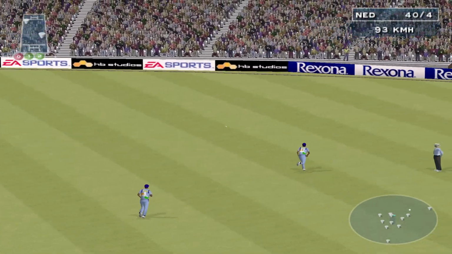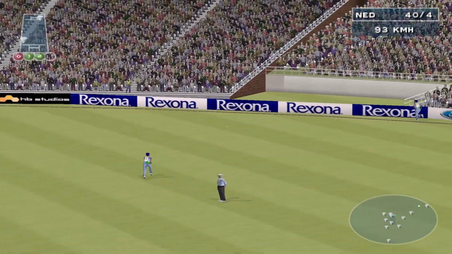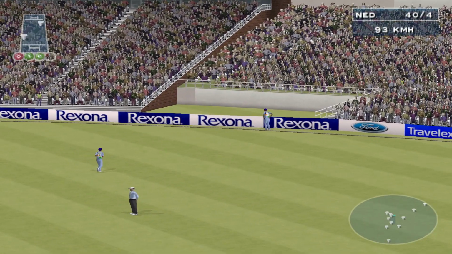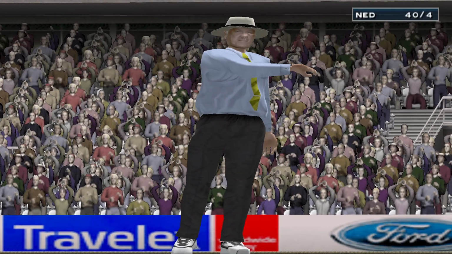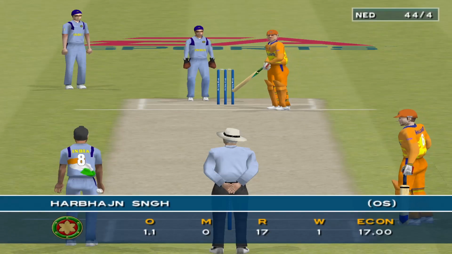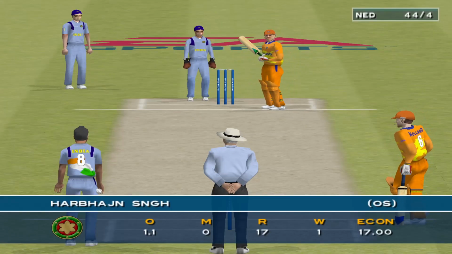Oh, that is an excellent shot by Delhi. Picked up very early by Delhi. That was a poor ball and it got the treatment it deserved. Harbhajan Singh to continue with his off-spin.